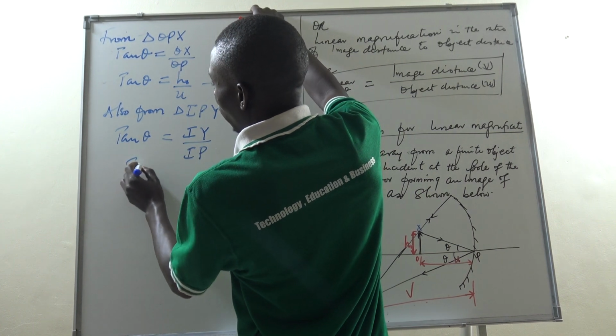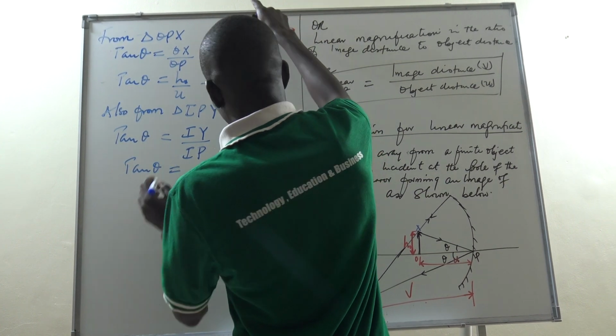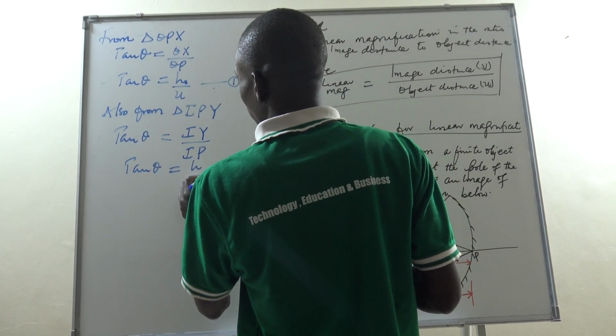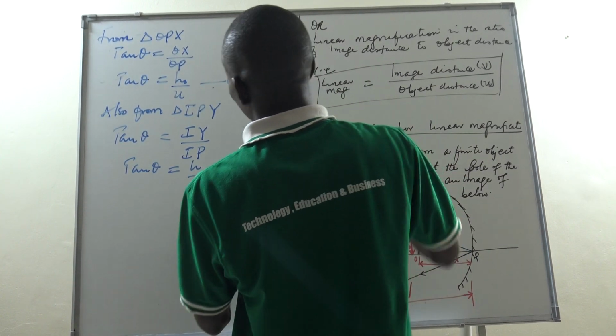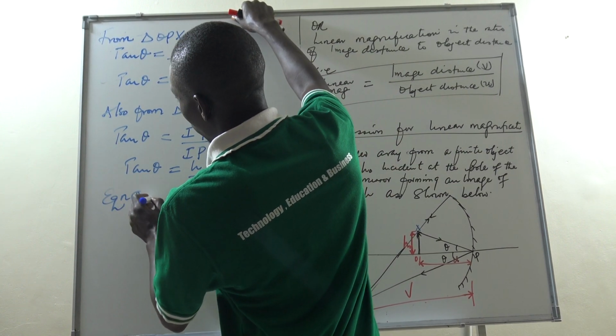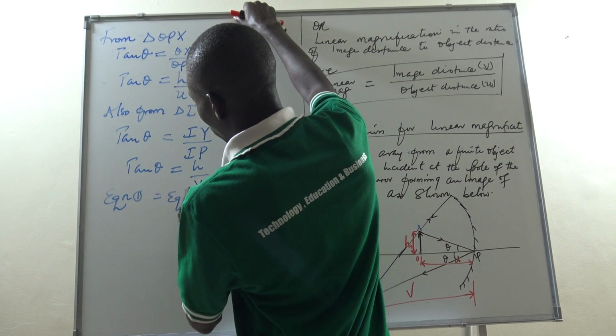And then you can say tan theta equals IY, which is h, and IP, which is v. Equation 2. And then you can say that equation 1 is equal to equation 2.